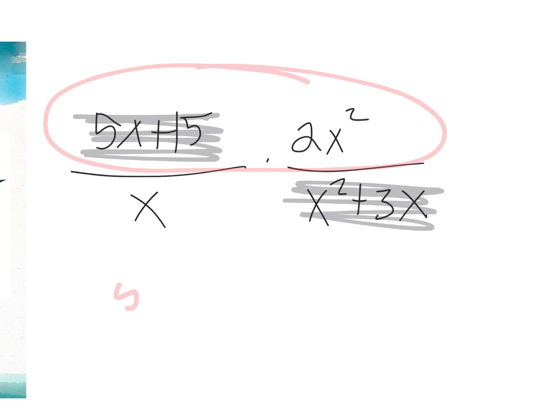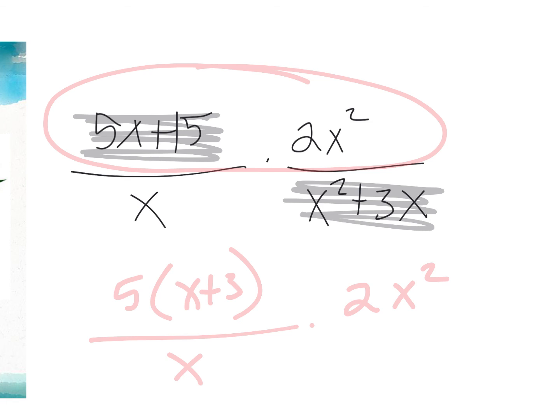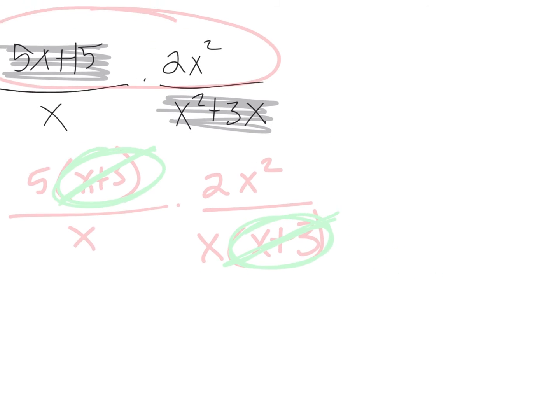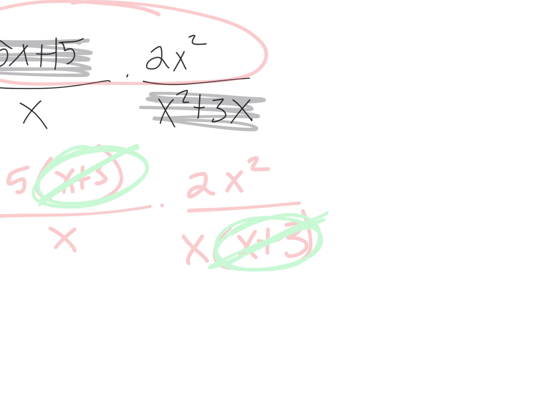So here, factor out the 5, you get x plus 3. x on the bottom. 2x squared over here. Factor out the x, and you get x times x plus 3. And look at that. I told you there was going to be something to cancel. x plus 3's cancel. Kadoink, kadoink. And then, if I don't see the canceling right away, it's all right.